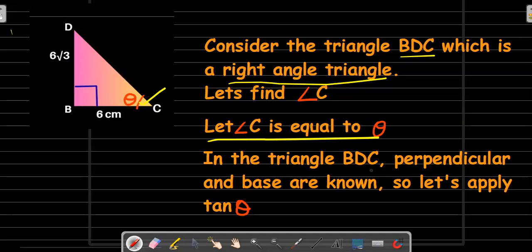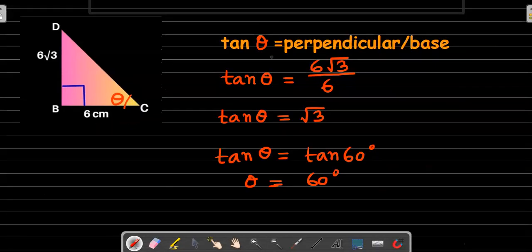So in the triangle BDC, we know the perpendicular, that is BD, and the base, that is BC. Now we have to find angle theta, so we will apply tan theta. We know that tan theta is equal to perpendicular by base. So here perpendicular is BD and base is BC. Therefore tan theta is equal to BD by BC.